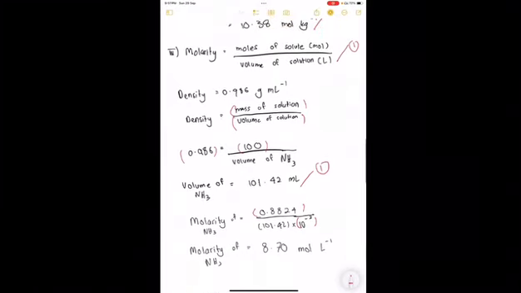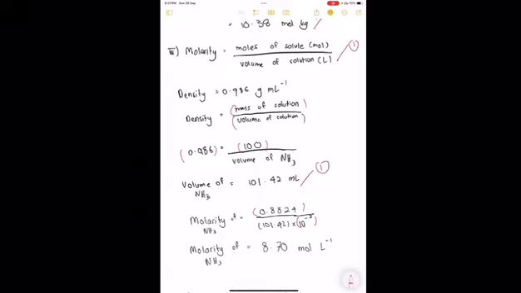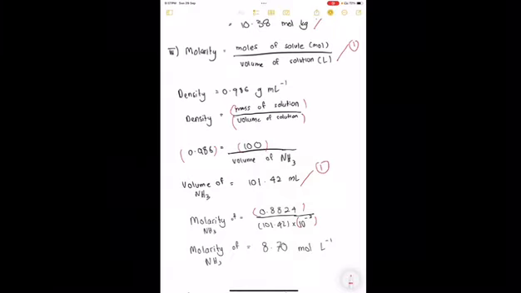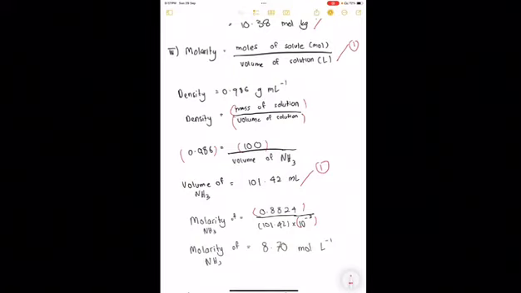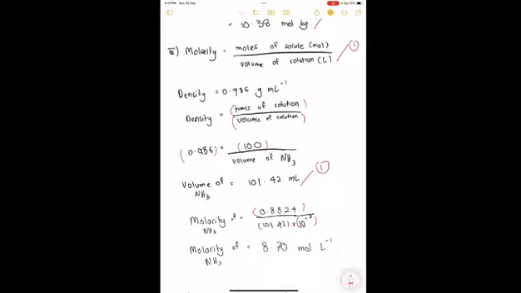We already have all the data needed to calculate the molarity. So we just substitute the value, which is 0.8824 over 101.42 times 10 to the negative 3. Why do we need to put times 10 to the negative 3? Because in finding molarity, the volume of solution needs to be in liter.